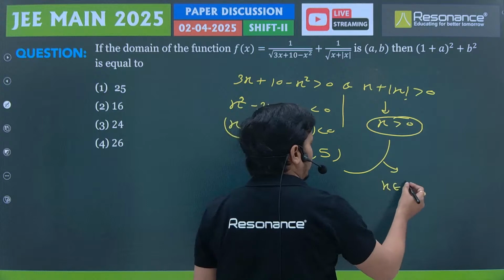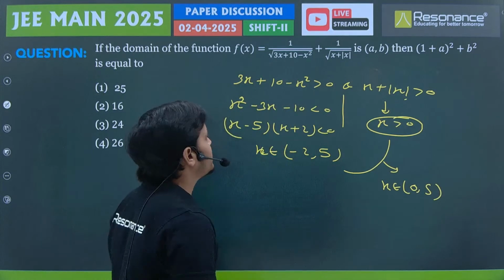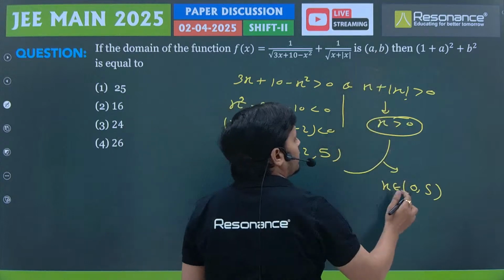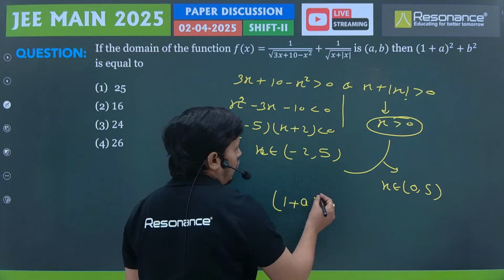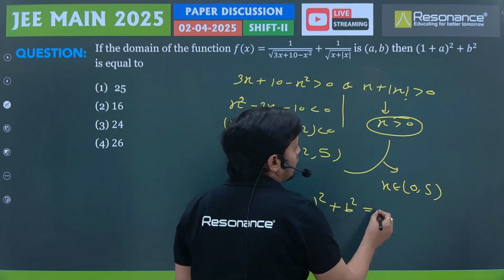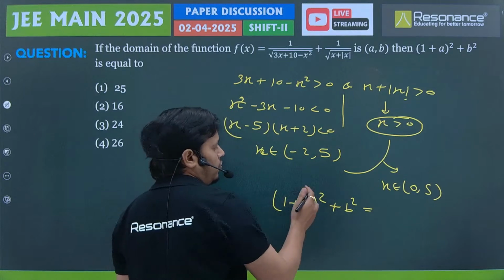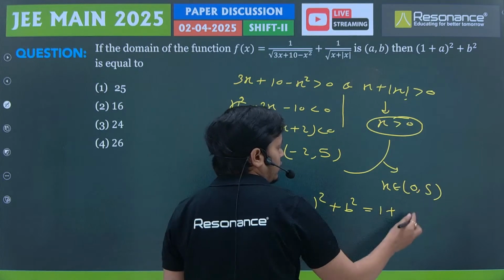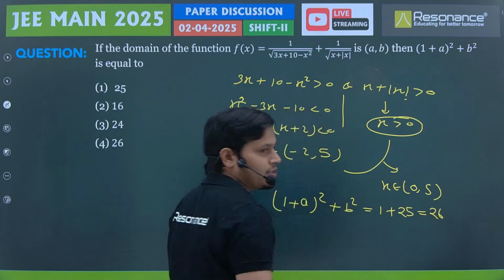So what is the domain you got? 0 comma 5. Really easy problem, na? So we got a comma b, that is 0 comma 5. Then they are asking (1 plus a) whole square plus b square. A is 0, b is 5, so (1 plus 0) whole square is 1, b square is 25, and finally we got 26.